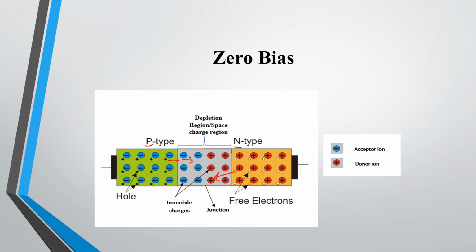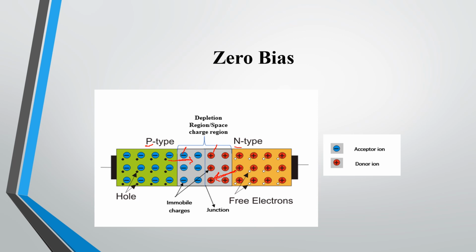Here you can see that holes diffuse from p to n, and electrons move from n to p. So these electrons and holes will recombine and it will unbind the charges. Acceptor ions will be uncovered. Here donor ions will be uncovered. That is, these electrons and holes are swept out. Okay.